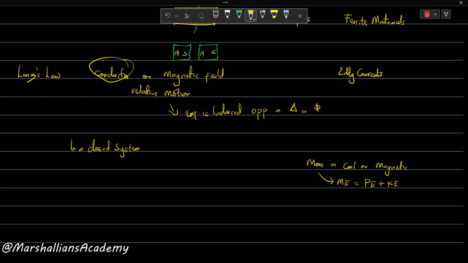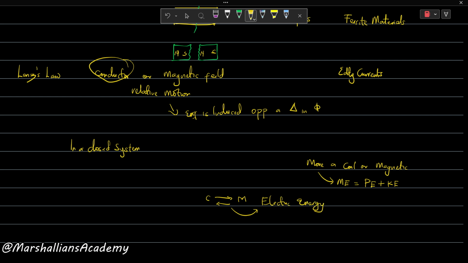What Lenz's law made us understand is that as you are moving this coil towards the magnetic field, or vice versa, the kinetic energy is being converted into current, which is electric energy.